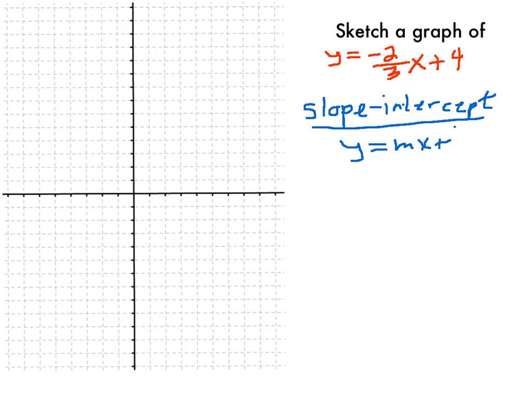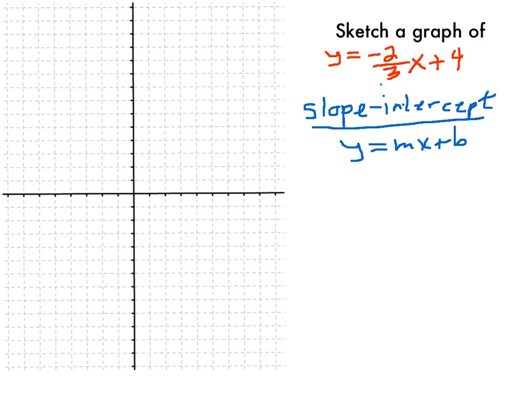So when you have a linear equation where y is solved, and you have your x and your constants on the other side, then you have an equation in slope-intercept form, which means we can immediately look at our equation and determine the slope, determine the y-intercept, and then we can actually graph the line pretty quick.